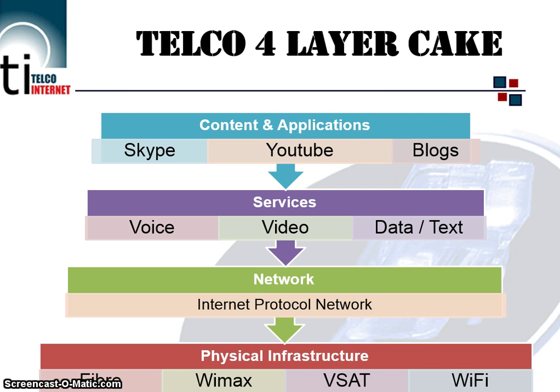On top of that, we overlay services, which are voice, video, data, text, and many other services that are being added every day. And finally, on top of that sits content and applications. These are all the content and applications that you want to access on the internet and are very popular on the internet. So that's Telco's four-layer cake, and this is a framework to help you to understand how Telco's network, services, and content all work together.